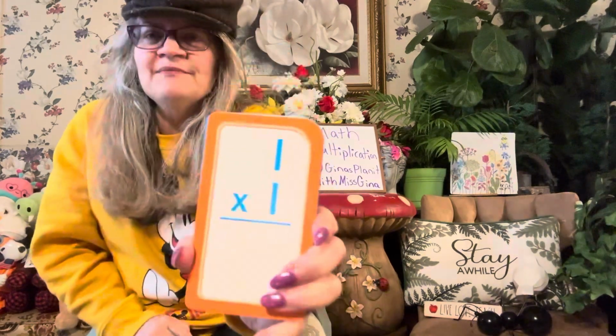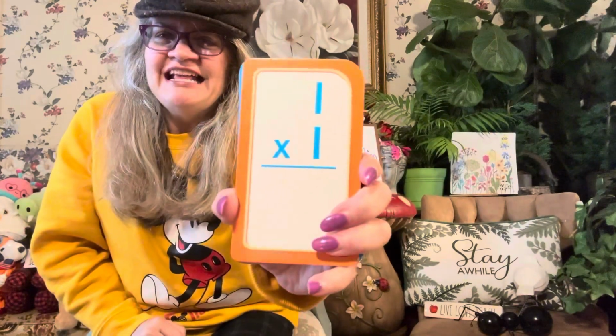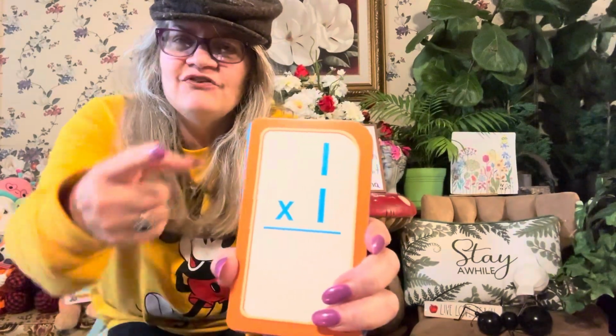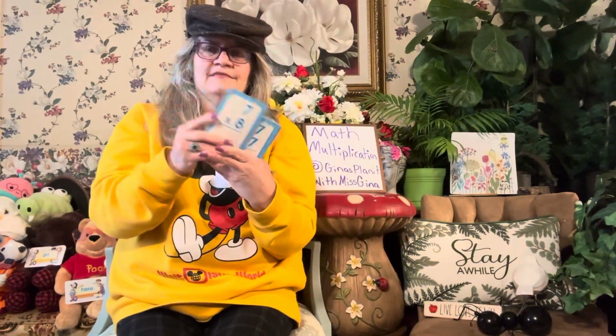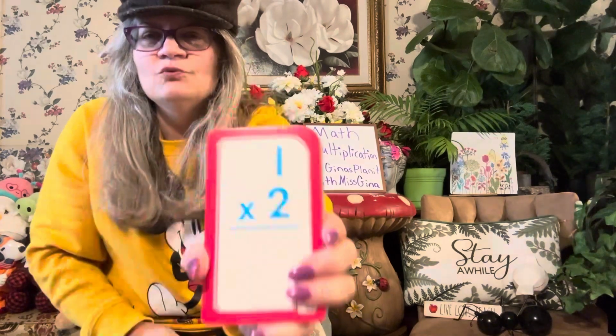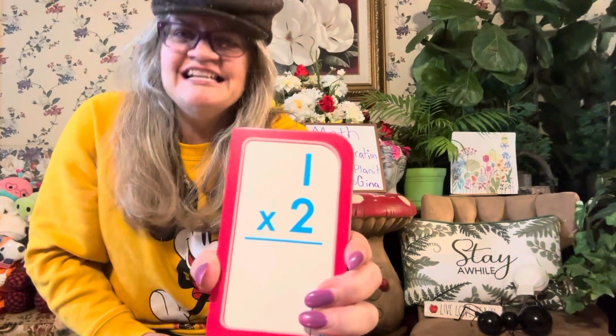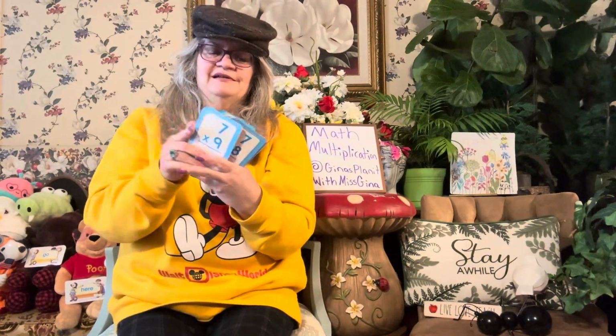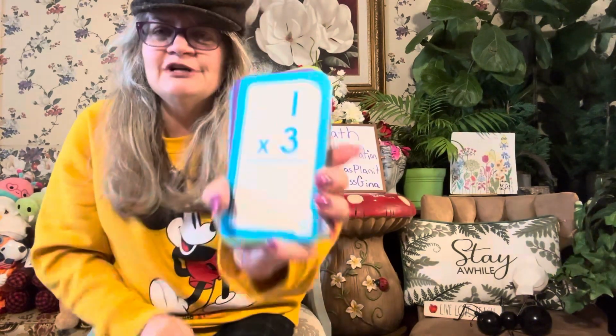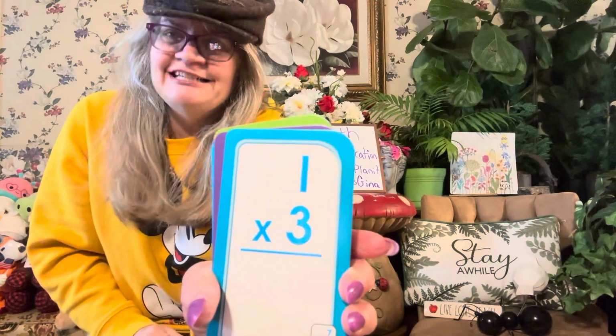Uh-oh. What did we say about ones? 1 times 1. Anything times 1 is itself. So 1 times 1 is still 1. 1 times 2 is 2. 1 times 3 is 3.